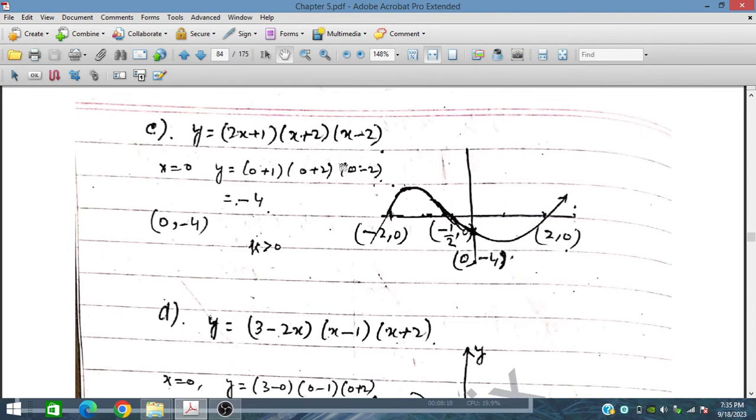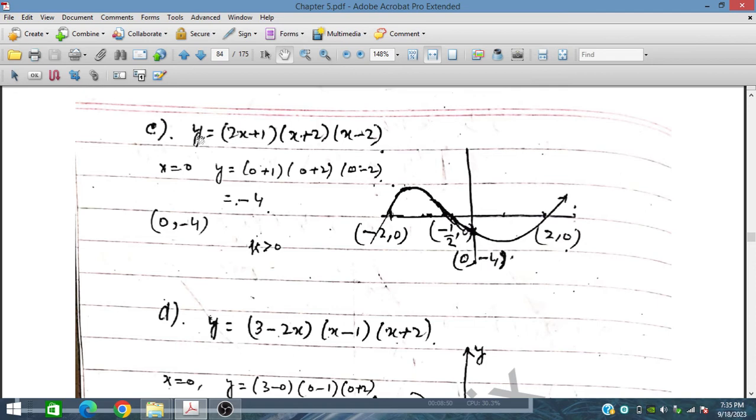Question 2c, we see 2x plus 1, x plus 2 and x minus 2. Here we see that the coefficient of x cube is positive, so the curve will be like this. For y equal to 0, either this is 0 or this is 0.